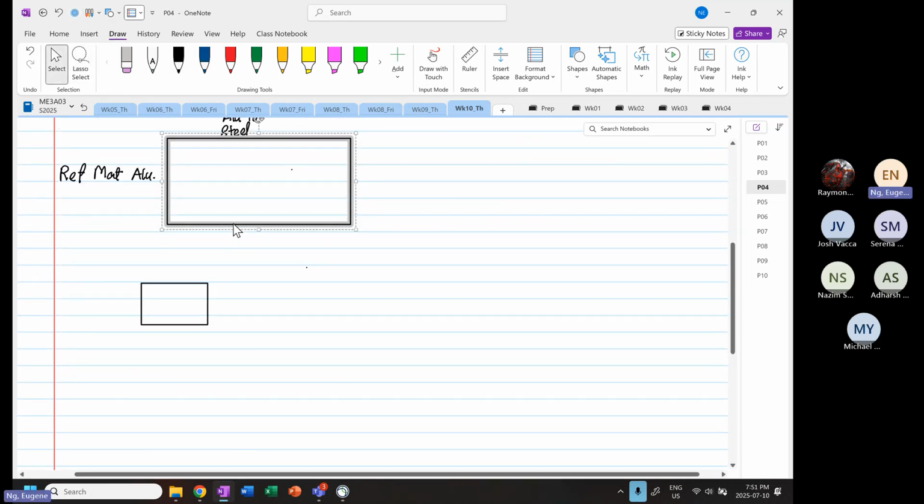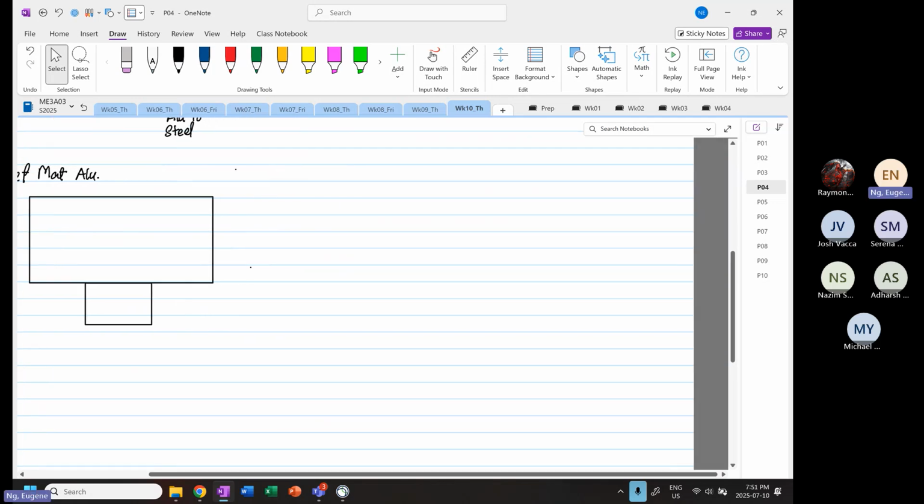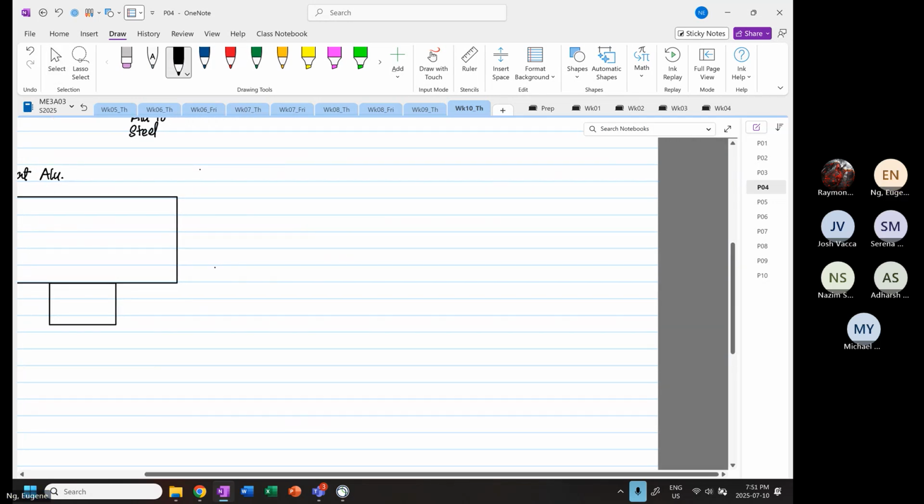So when you use the reference material as steel or aluminum, right? So now this is aluminum, and this did not change. This is 1.5 inch.